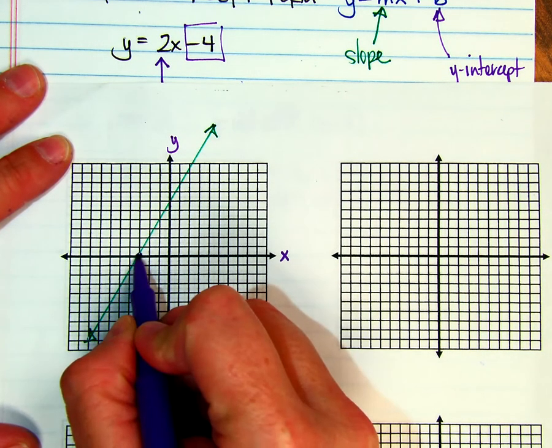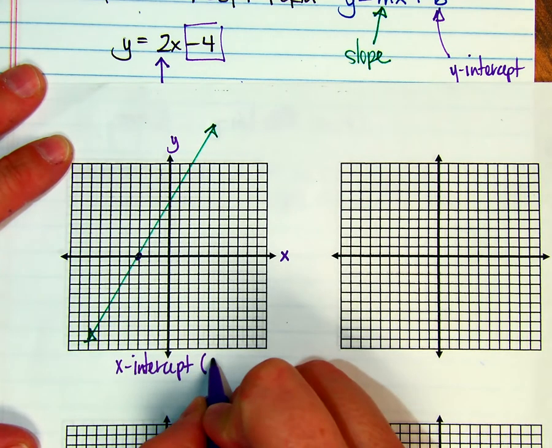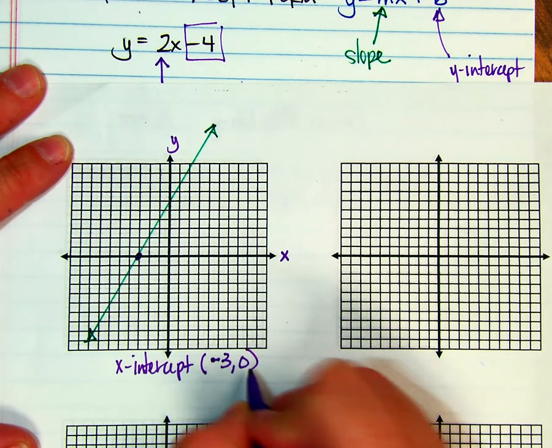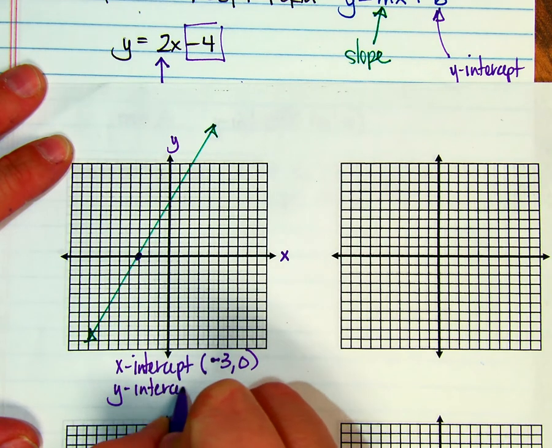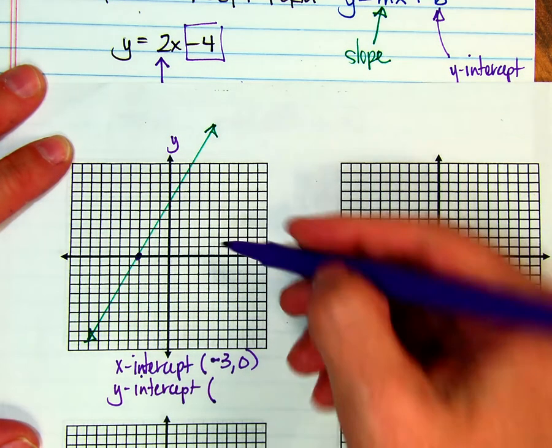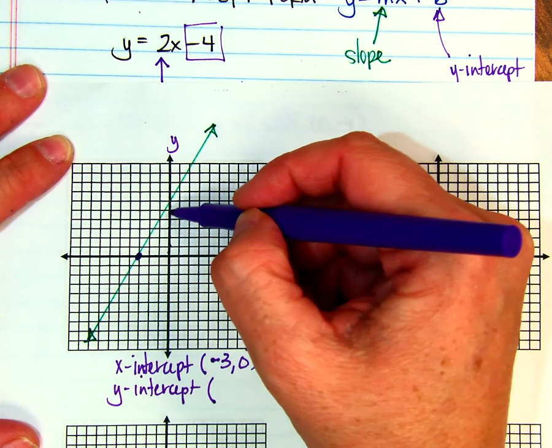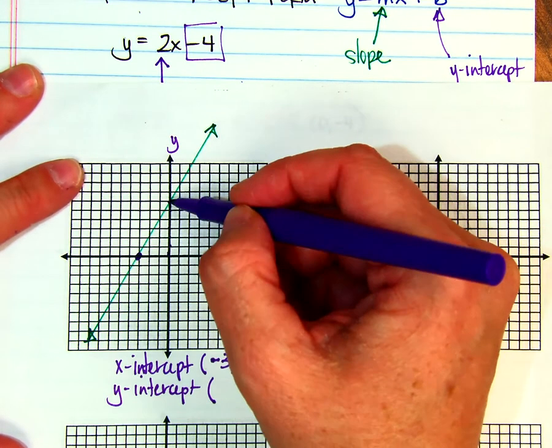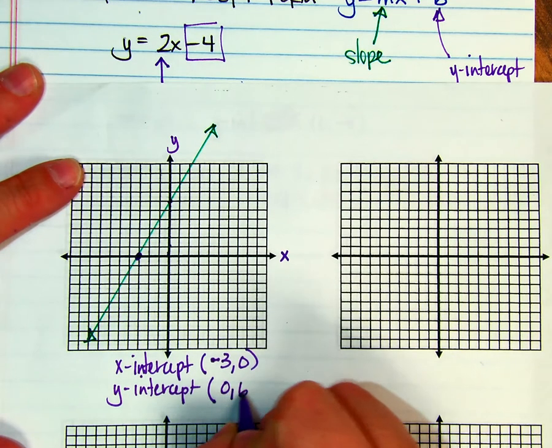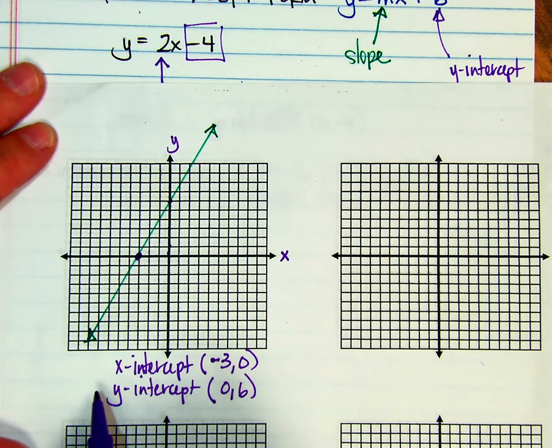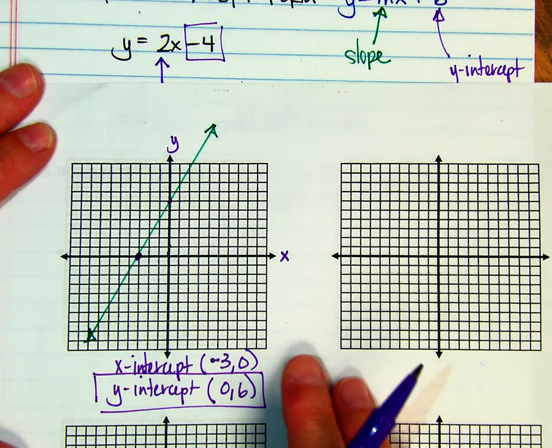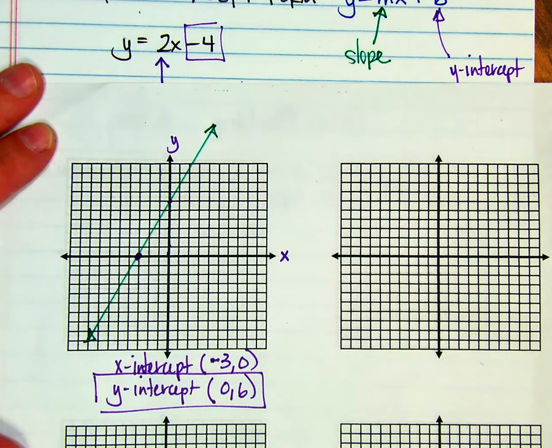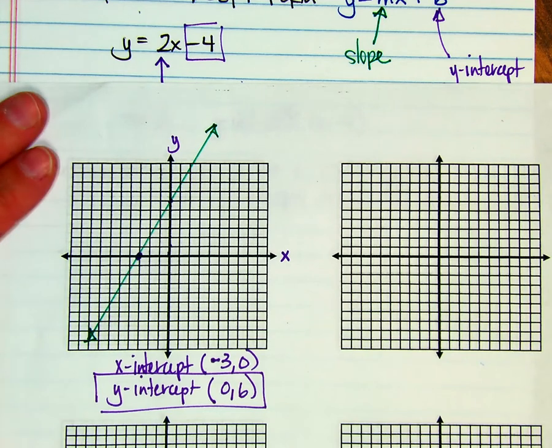So it crosses right there at negative 3, 0. And then the y-intercept crosses at 1, 2, 3, 4, 5, 6. So 0, 6. We will be using the y-intercept. We will talk more about graphing lines using both intercepts, but for right now we're going to focus on the y.